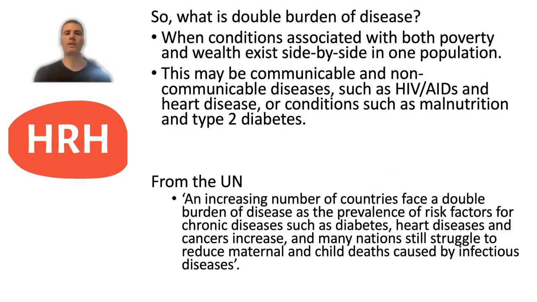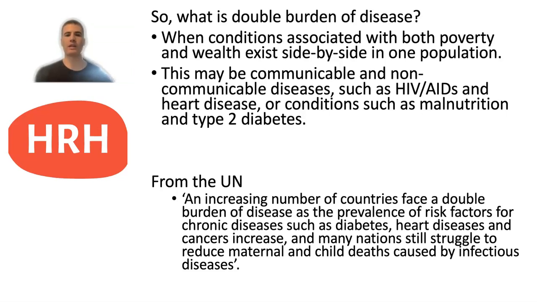When we're talking about double burden of disease, we're talking about conditions that might be associated with both poverty and wealth that can exist side by side in one population or one community. That might be, for example, low-income countries that experience both communicable and non-communicable diseases. For example, they might experience communicable diseases like HIV/AIDS, but also non-communicable diseases like heart disease.